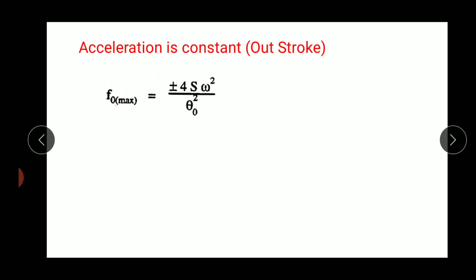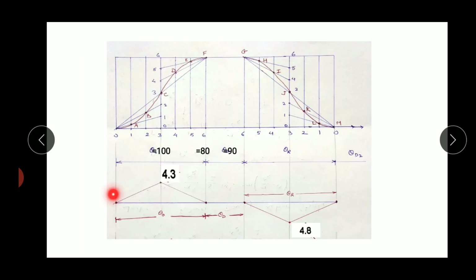During out stroke, it will be taken as plus or minus 4s omega square upon theta o square. As it is a constant, from the start till the end the acceleration will be constant, that is plus minus 4s omega square upon theta o square. But you can observe from this diagram that during the first half of out stroke the slope is positive.